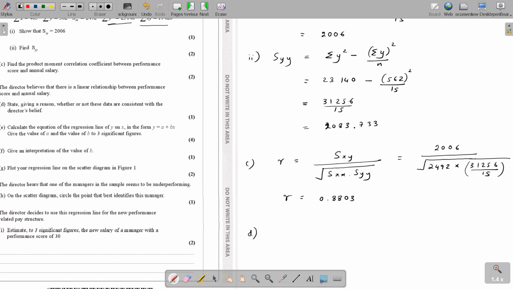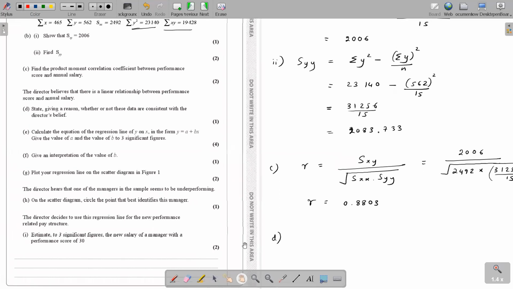Now you have to give whether it's consistent or not. They ask: state, giving a reason, whether or not these data are consistent with the director's belief. So use the same words. Is it consistent or not?